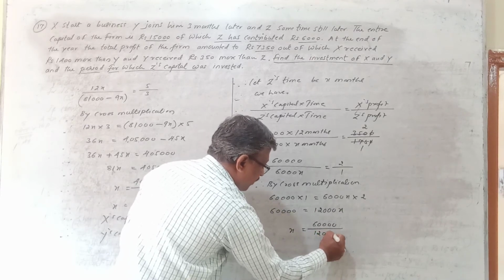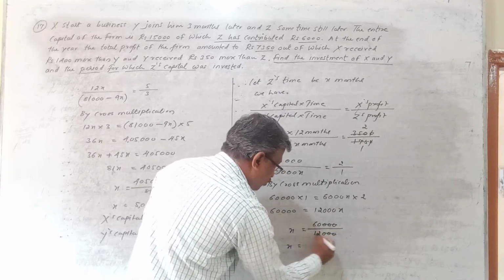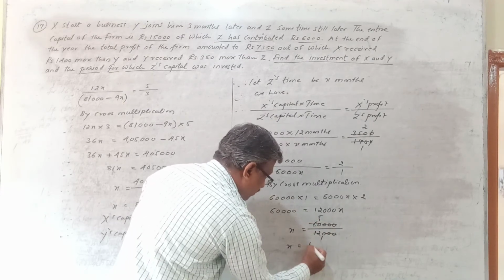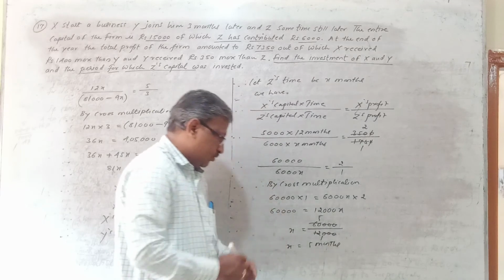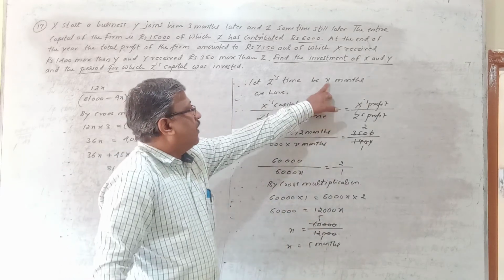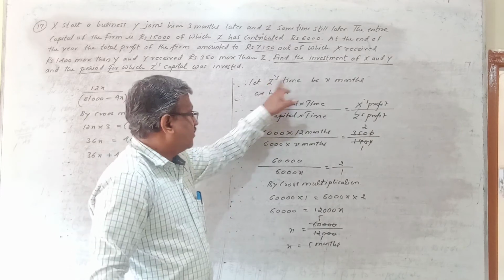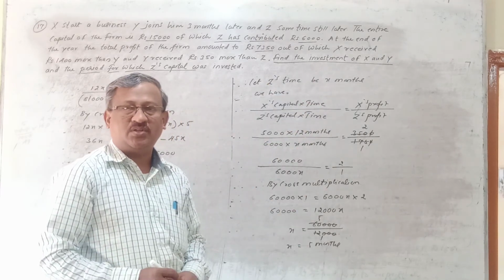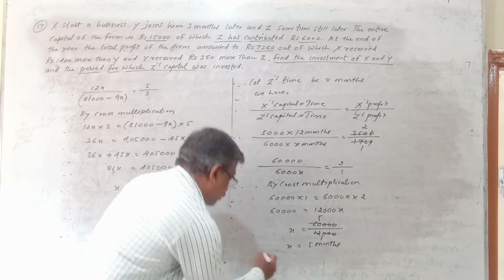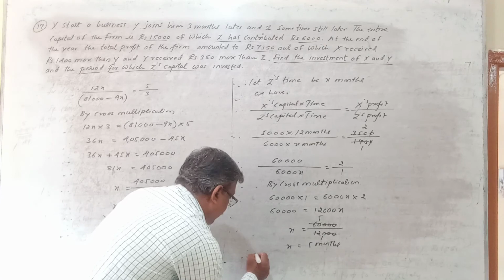So it is divided by 12,000. 12 ones are 12, 12 fives are 60. So X comes to 5 months. Here we have assumed X as the time of Z, so Z's time comes to 5 months. So for 5 months his capital is used in the business.